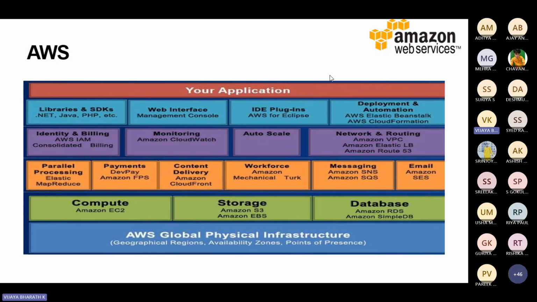At the top, you can see you have the web interface. That is what we saw, the management console. AWS uses Eclipse as its integrated IDE for development using Elastic Beanstalk. And you can see development and automation, where you use CloudFormation or Elastic Beanstalk for an application.